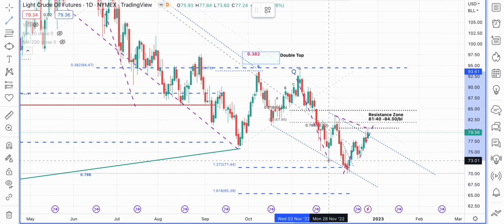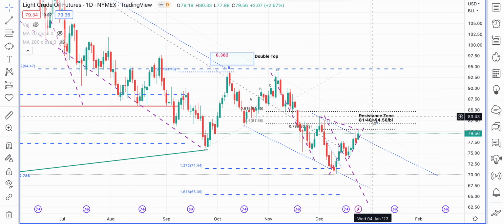So what we are watching for is that we have a downward bias because of the 1-to-1 ABCD pattern and the resistance zone coming up. What we're expecting is that perhaps the price fails to move higher around this resistance zone and begins to move lower and come down towards the lower end of this channel. If it does that, then it's going to form a very nice three drives to a bottom pattern.